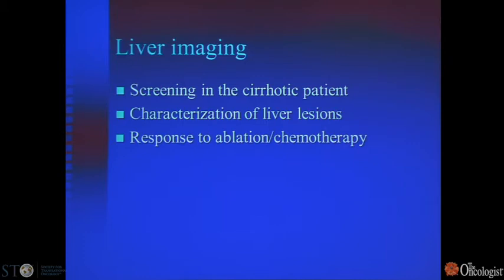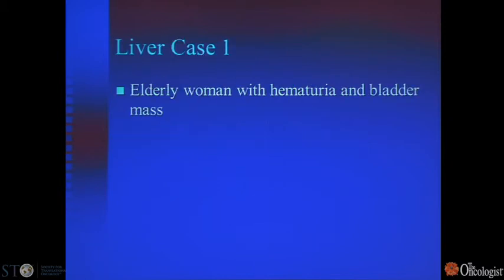Liver imaging has many applications. One is screening in the cirrhotic patient, characterization of liver lesions, as well as response to ablation or chemotherapy. I'm going to show just two final cases here.